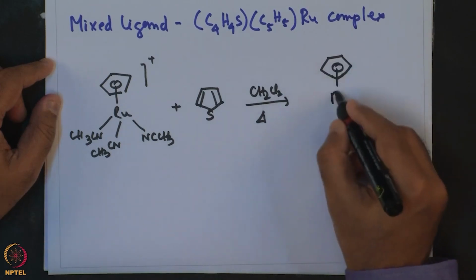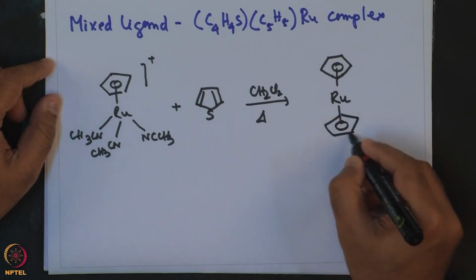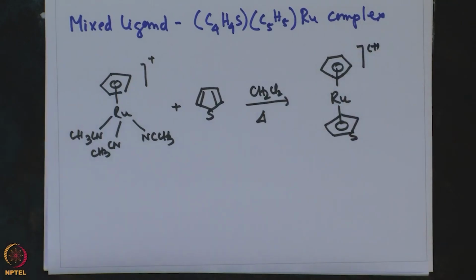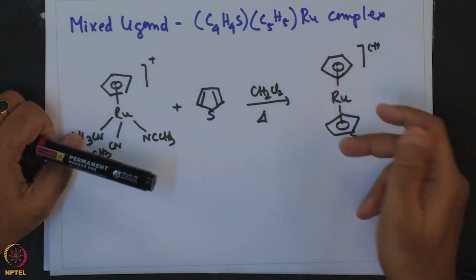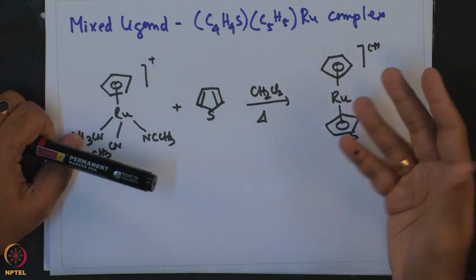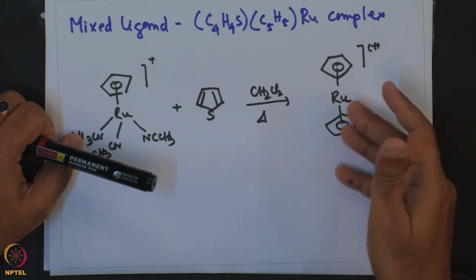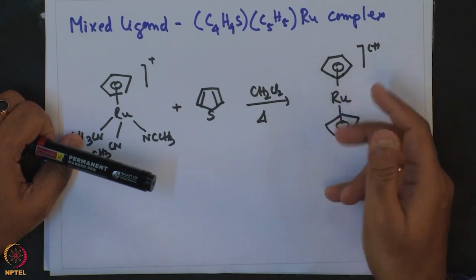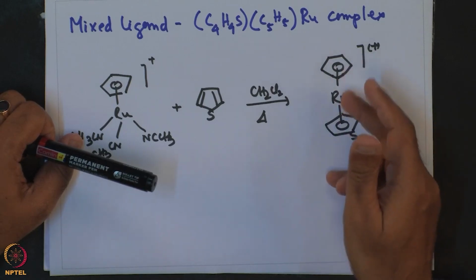Cp ruthenium thiophene cationic complex. Now, of these two mixed ligands, Cp is anionic, and ruthenium bound to thiophene is neutral, and hence it is quite logical that a neutral ligand like thiophene bound to ruthenium is more labile than the Cp in this complex, because Cp being anionic, ruthenium is in +2 oxidation state.